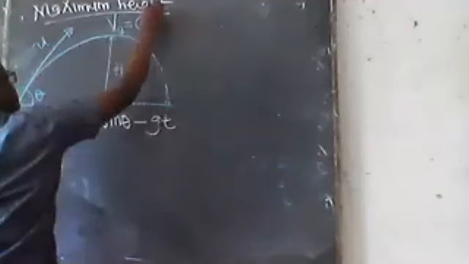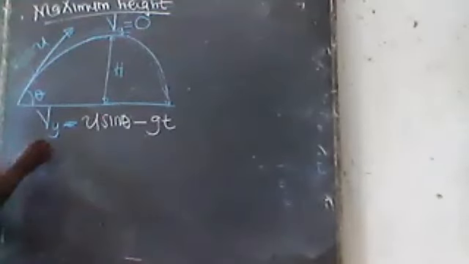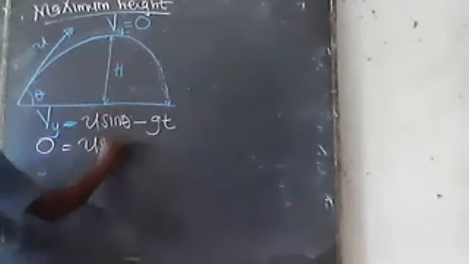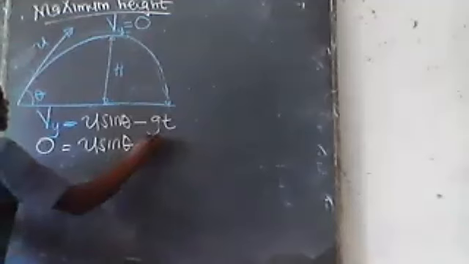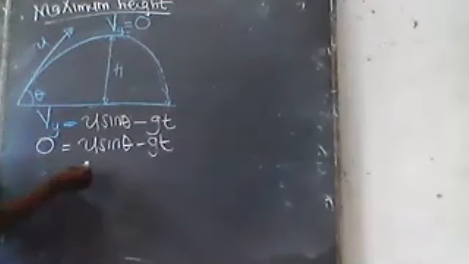At maximum height, the body is momentarily at rest. That's why we say its vertical component of velocity is 0 at that point. If I substitute 0 for Vy, I get u sine theta minus gt equals 0. Putting gt this side becomes positive. If I divide by g, I get u sine theta divided by g. So that's our time taken to reach maximum height.